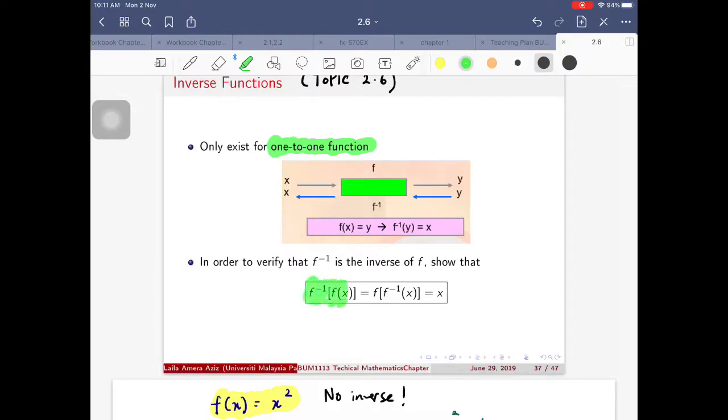You have to do a composite function and show that f inverse f of x or f of f inverse x both give you x. You only have to do one of them, not both. Whether the inverse is at the back or put into the other function is totally up to you.